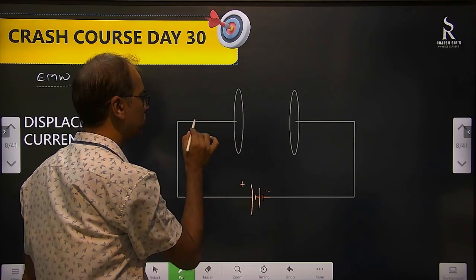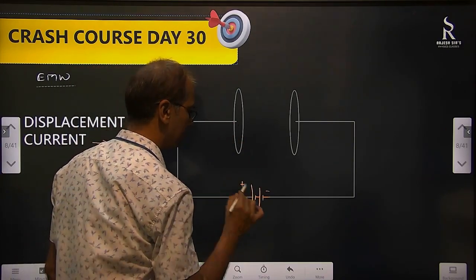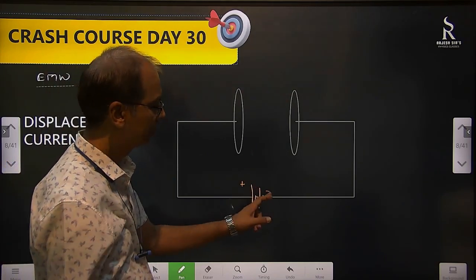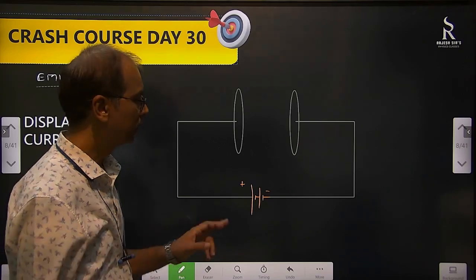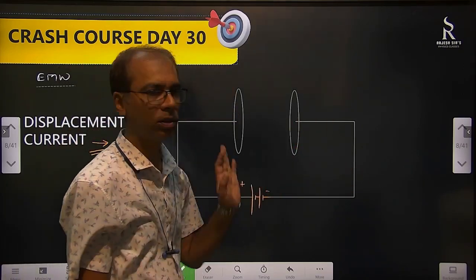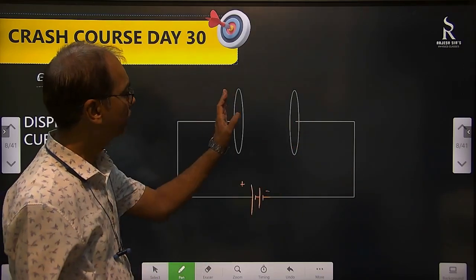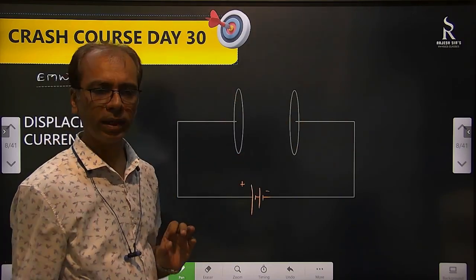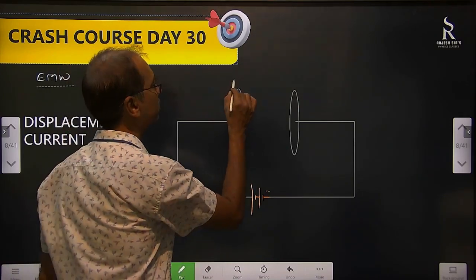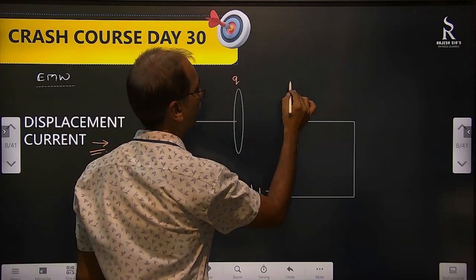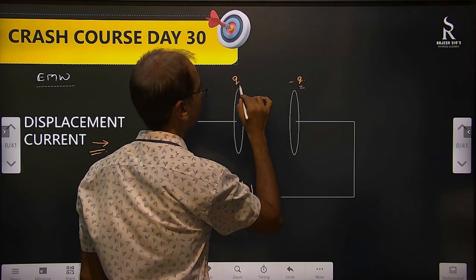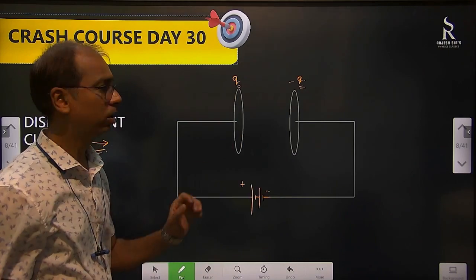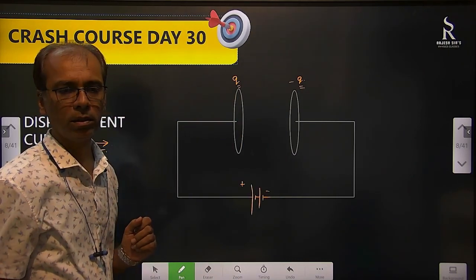From here electrons will go to the positive plate of the battery, and these electrons then move to the negative end of the battery, and then those electrons will be going on to this one. So this way here will come positive charge, here will be negative charge. Will it be charged immediately? No, it takes time. So the charge coming on this plate and the charge coming on this plate will keep increasing for some time, and only then will we know it's fully charged. Correct or not?